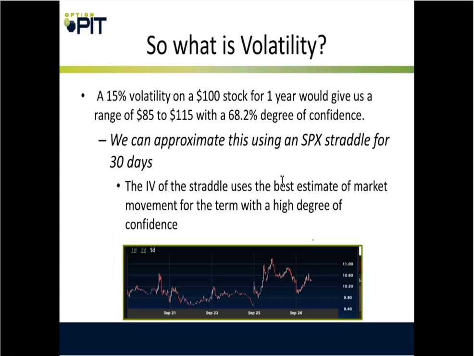So when I look at a straddle on a $100 stock a year from now at a 15 vol, it would have a range of about $30. Even though you only have a 15% volatility, the straddle range is $30. It's $15 down, it's $15 up.